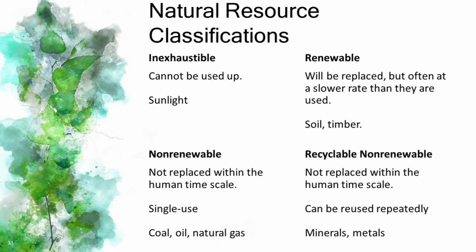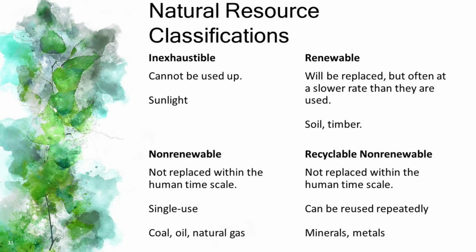We also have the recyclable, which is non-renewable, not replaced within the human time scale, but can be used repeatedly. These are minerals or metals taken through mining. Here in Palawan we have nickel, an example of a mineral taken from our mining sites.